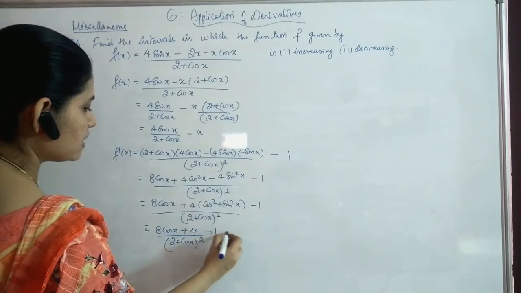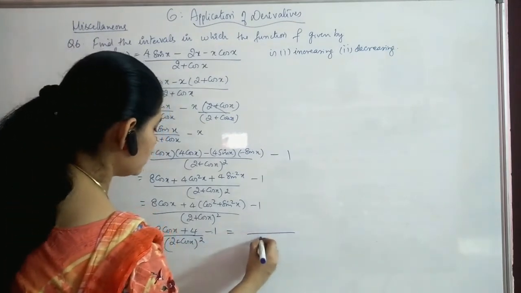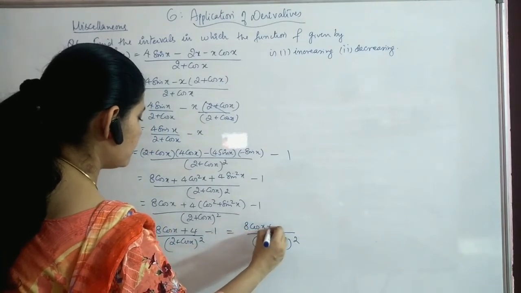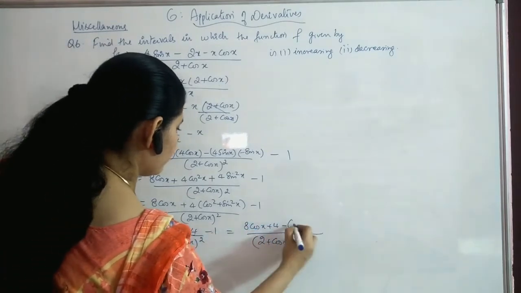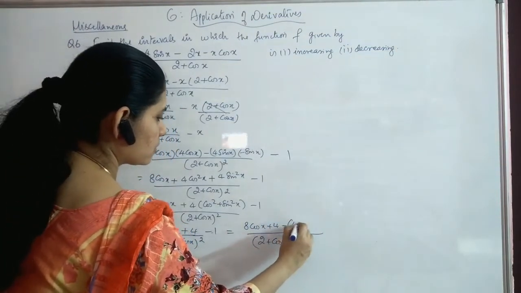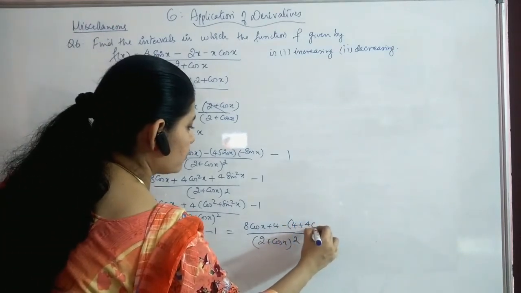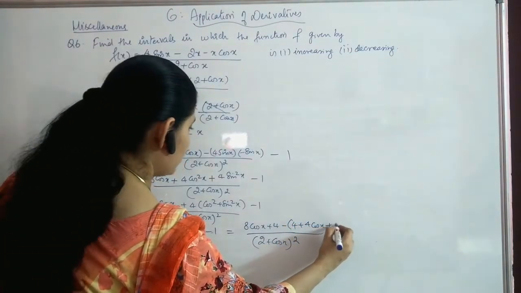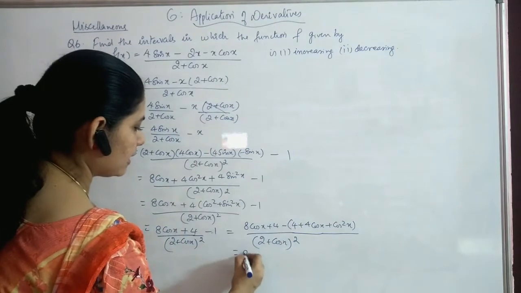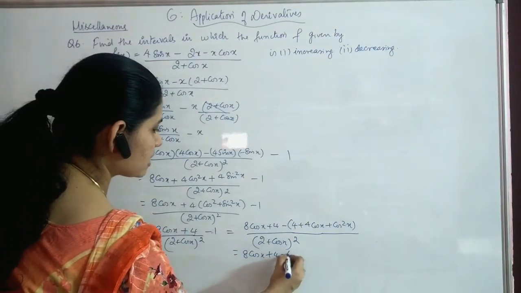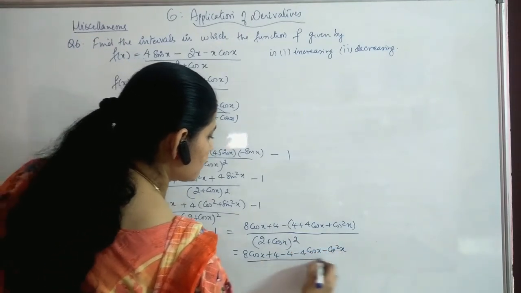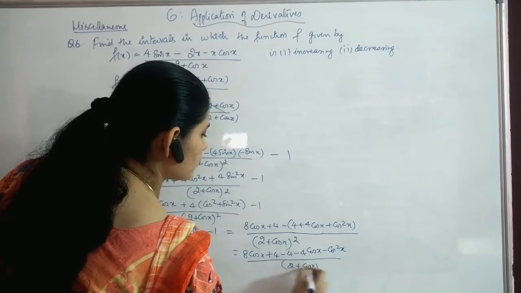Again minus 1 is there, so I am just taking the LCM, so that the denominator is 2 plus cos x the whole square and the numerator becomes 8 cos x plus 4 minus of 2 plus cos x the whole square. So expanding you will get 4 plus 4 cos x plus cos square x, right? So that again it becomes 8 cos x plus 4 minus 4, this will get cancelled, minus 4 cos x minus cos square x, divided by 2 plus cos x the whole square.